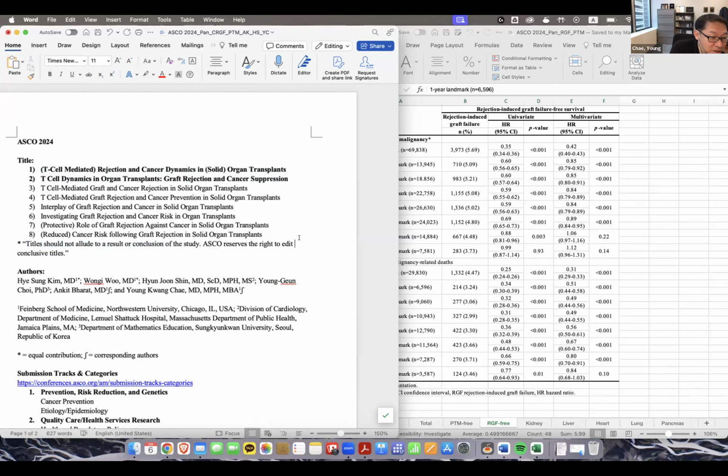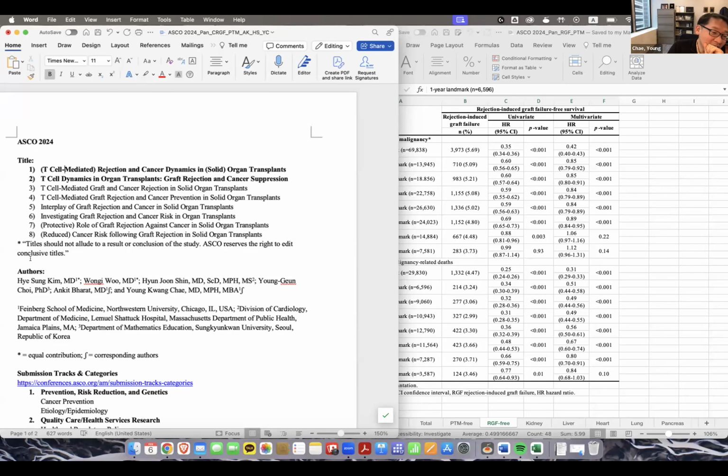T-cell dynamics in organ transplants, graft rejection and cancer suppression. T-cell mediated rejection and cancer dynamics. T-cell mediated graft interplay, investigating protective reduced.